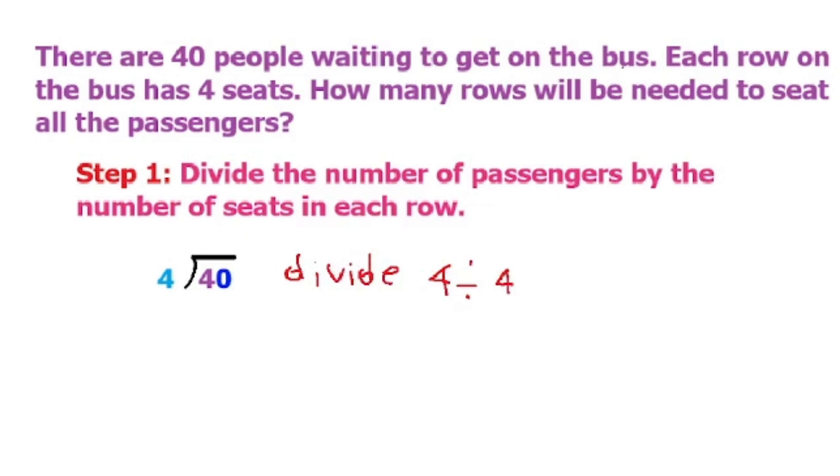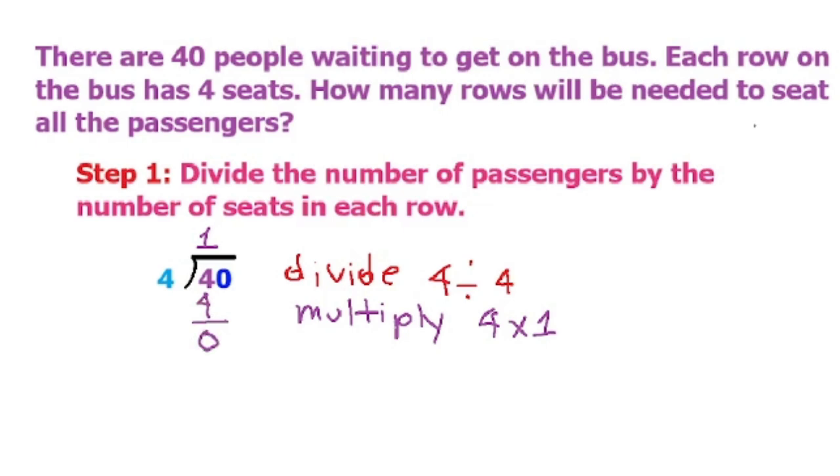So 4 divided by 4, and let's use the colors, fits into that once, right? 4 divided by 4 is 1. So now you multiply 4 times 1, okay? So 4 times 1 is equal to 4. Then you subtract. 4 minus 4 is 0.